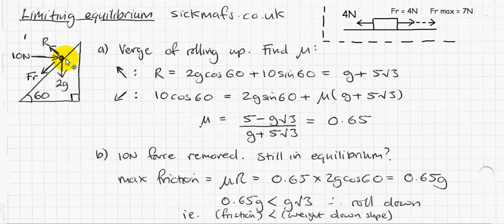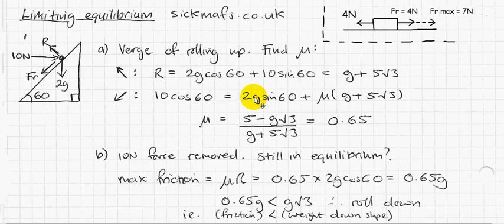sine 60. If you look at the trigonometry video for mechanics, it tells you down the slope is sine 60 for the weight component. So 2g sine 60 plus the frictional force, which is also going down, and the frictional force is mu R. So mu times R, and R is equal to this stuff over here.